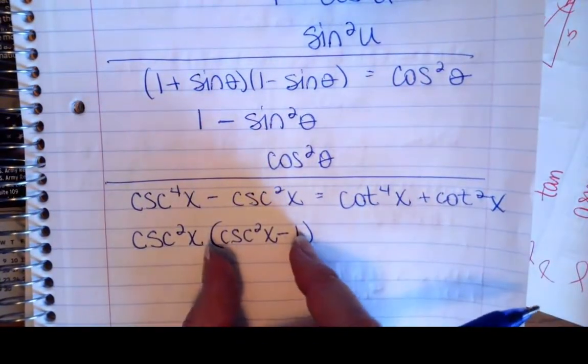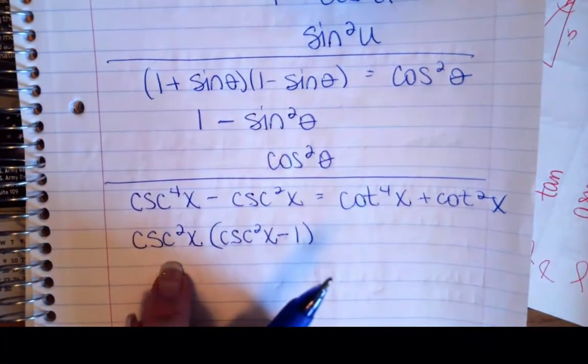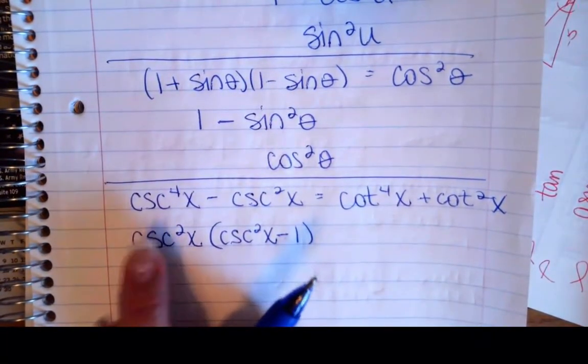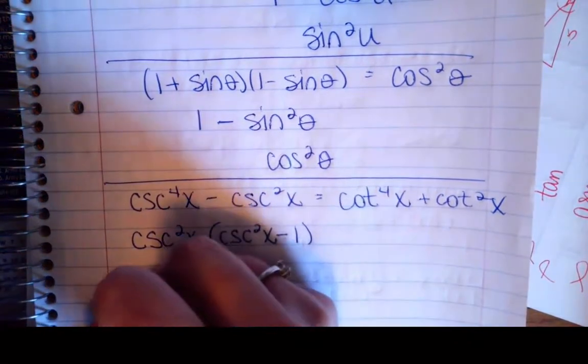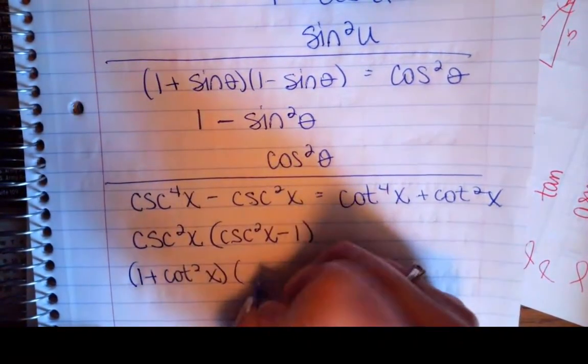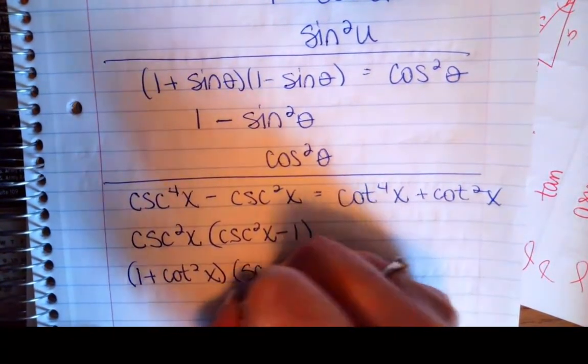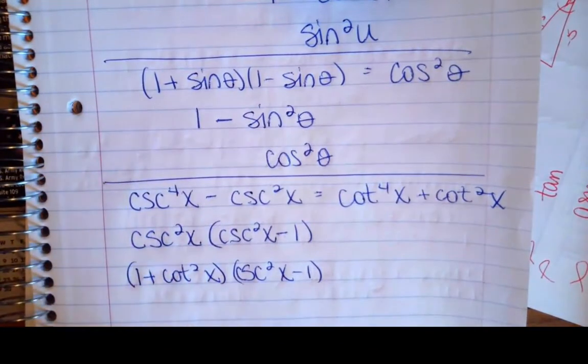So if I change this into a cotangent squared, I'm going to squish it into 1 term. So maybe I should change that one. When I change that one, I'll end up with a 1 plus cotangent squared times cosecant squared minus 1.